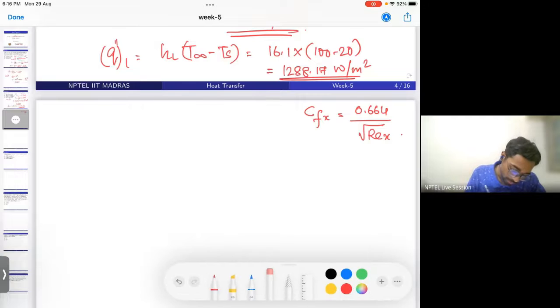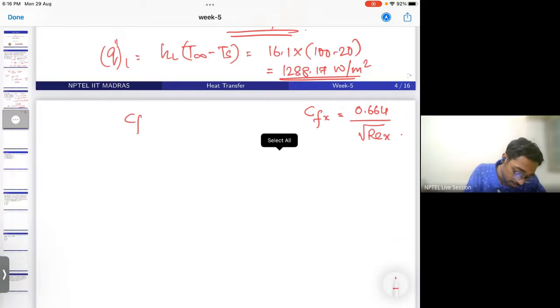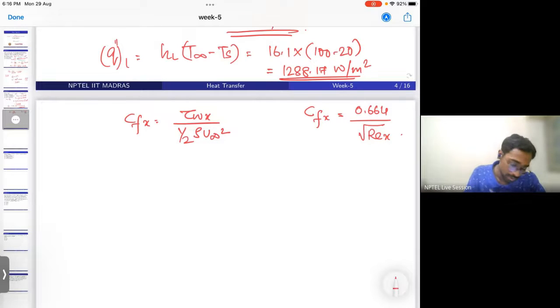The friction coefficient CFX is equal to tau WX divided by half rho U infinity square, right? From that we can easily calculate, since we are asked to find it at the trailing edge, tau WL is equal to CFL into half rho U infinity square.